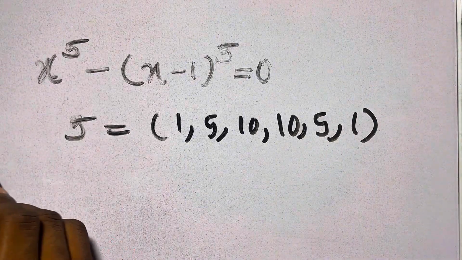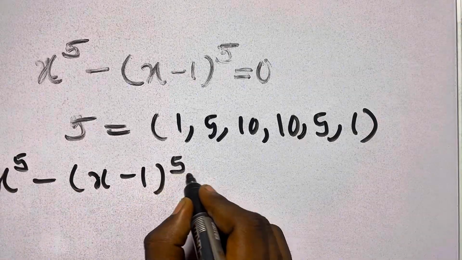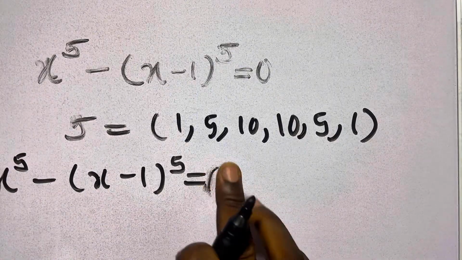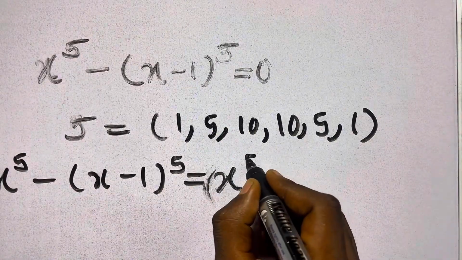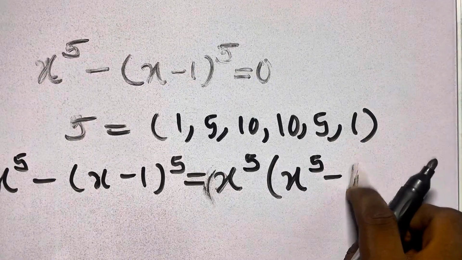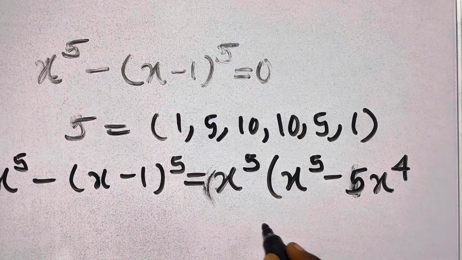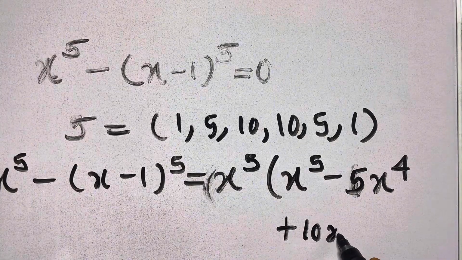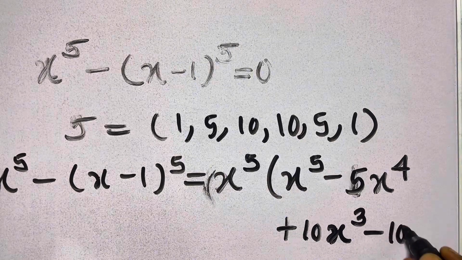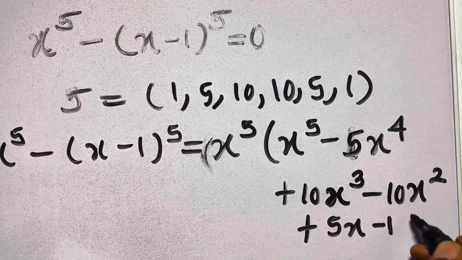So for the expansion of x raised to power 5 minus (x minus 1) raised to power 5 equals 0, we will have x^5 minus (x^5 minus 5x^4 plus 10x^3 minus 10x^2 plus 5x minus 1).